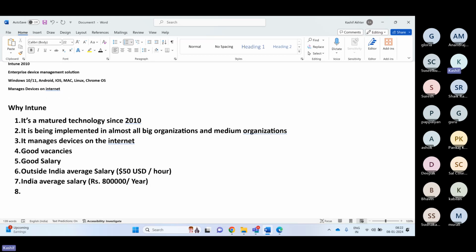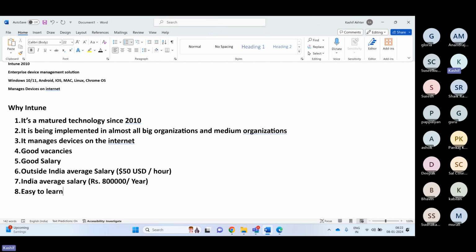Now, point number 8, easy to learn. If you compare with SCCM, SCCM is a little more difficult to learn than Intune, because in Intune, everything is GUI based and everything is configured from Microsoft. You don't have to manually configure anything.